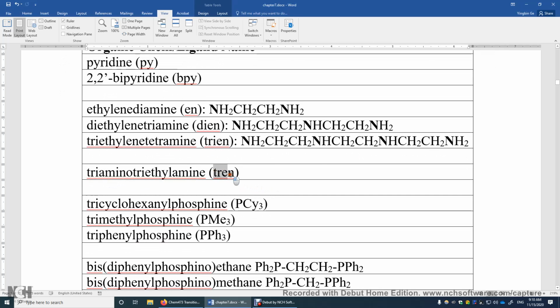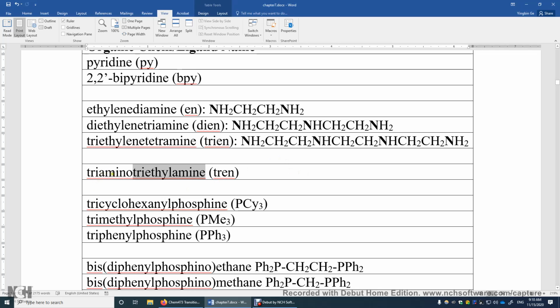There's also TREN, you saw the structure of this. Triamino triethylamine. So if you look at this triethylamine, it's just ammonia, NH3, with each of the 3 hydrogen atoms being replaced with an ethyl group, and then you have nitrogen bonded to 3 ethyl functional groups, and then at the end of each ethyl functional group, you replace a hydrogen with an amino group.